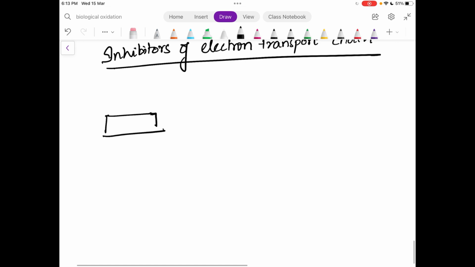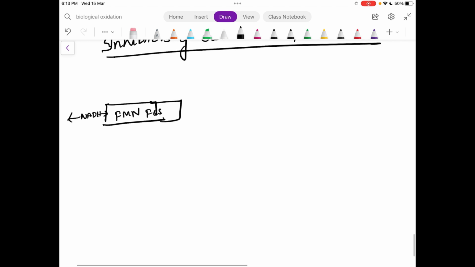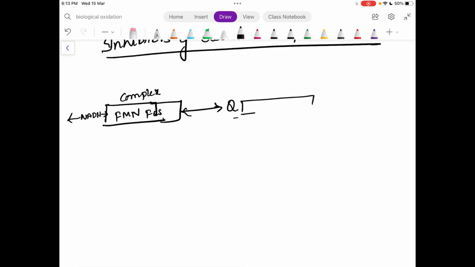Complex 1 contains FMN and FeS. NADH will donate its electrons to complex 1, next they will donate to Q, and they are transported to complex 3.